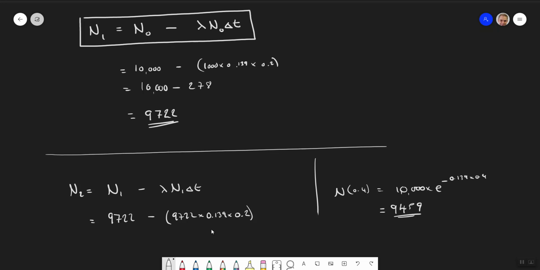I'm keeping my time scale short again. 9722 times 0.139 times 0.2, a change of 270. So from 9722, I've got 9451, which is a difference of only about 8.